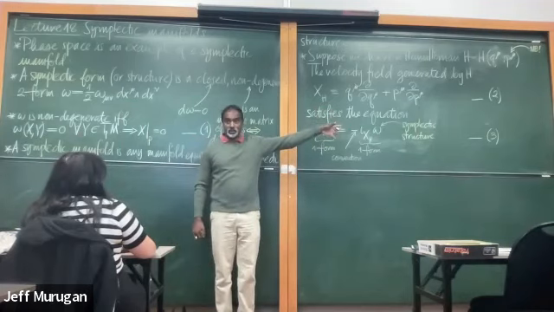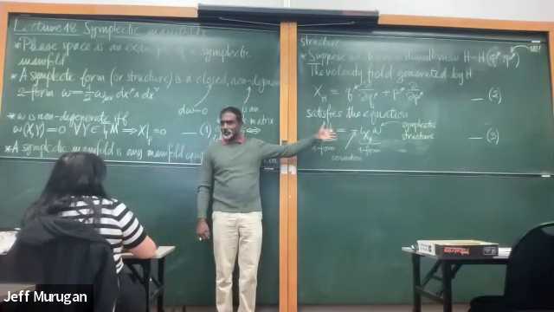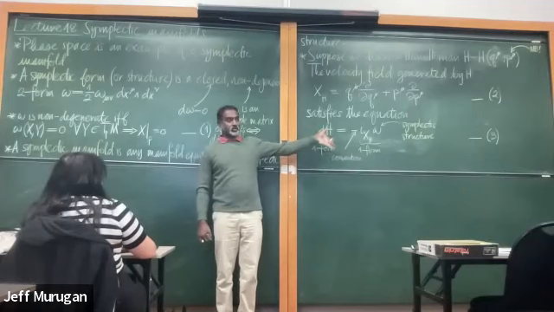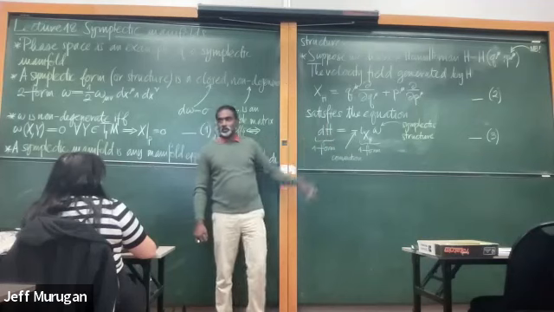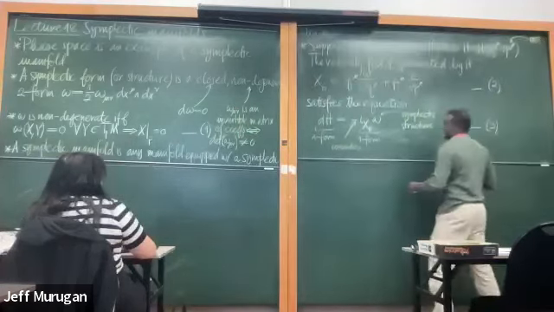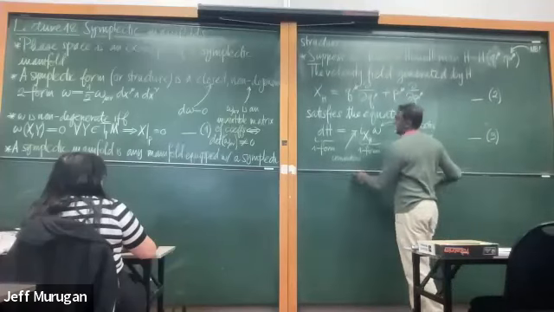When I do pick a set of coordinates, we will demonstrate that this will be the Hamiltonian equations, but I don't need that set of coordinates in order to define them. So this is a coordinate independent definition of the Hamiltonian equations. It's purely geometric. So let me show you that this is the case now.